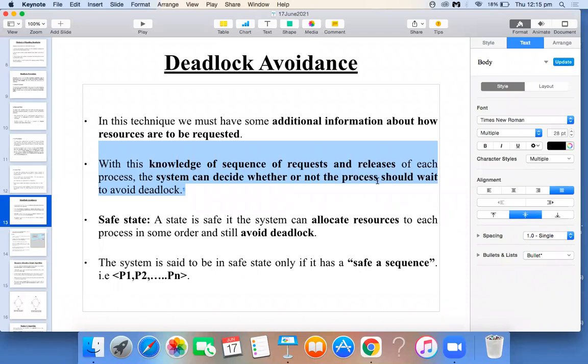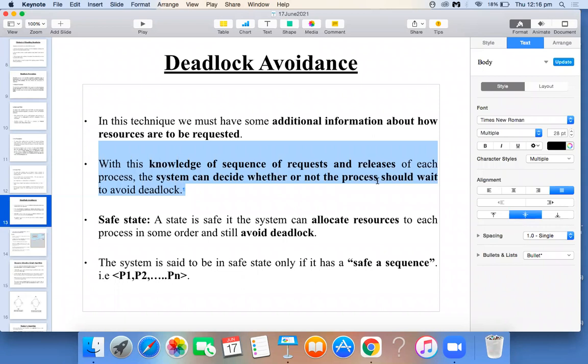Okay, this will avoid the deadlock situations. That is another point in deadlock avoidance. If we have this additional information, we can easily predict whether the process will wait or not.